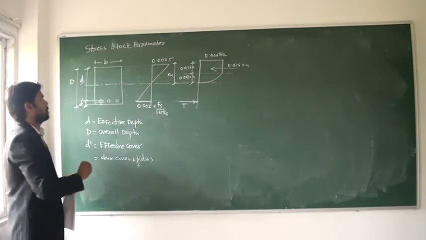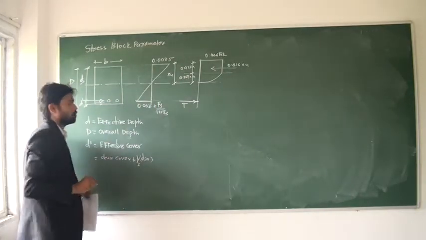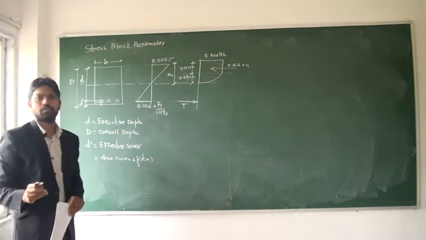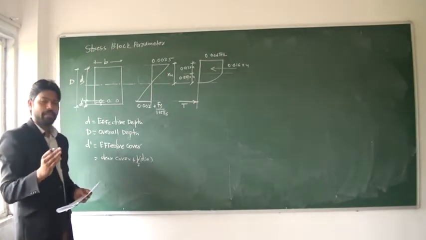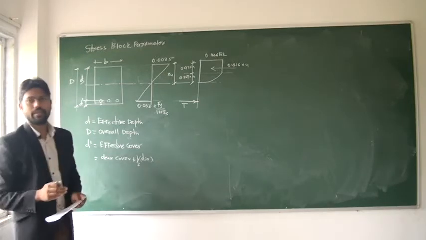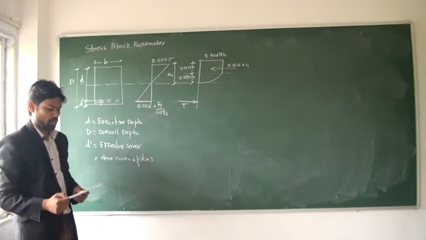Now, the strain diagram for this particular cross section of the beam will be linear, because in assumption number 1, we assume that the plane section before bending will remain plane after bending. It means the strain variation is linear and directly proportional to its distance from the neutral axis.